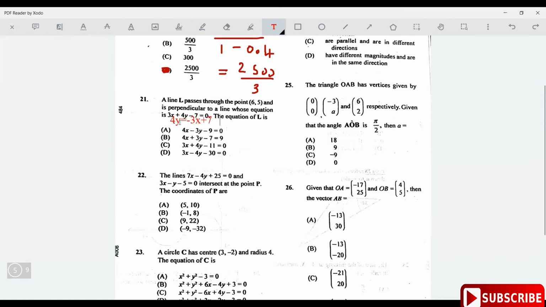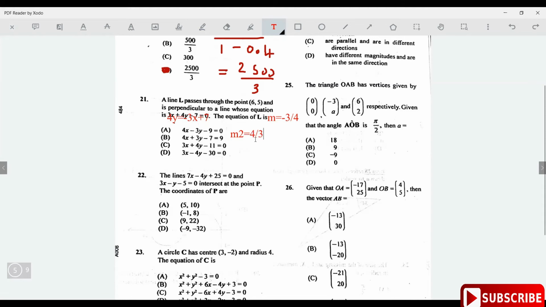And so what that means is that the gradient m is equal to negative 3 over 4.